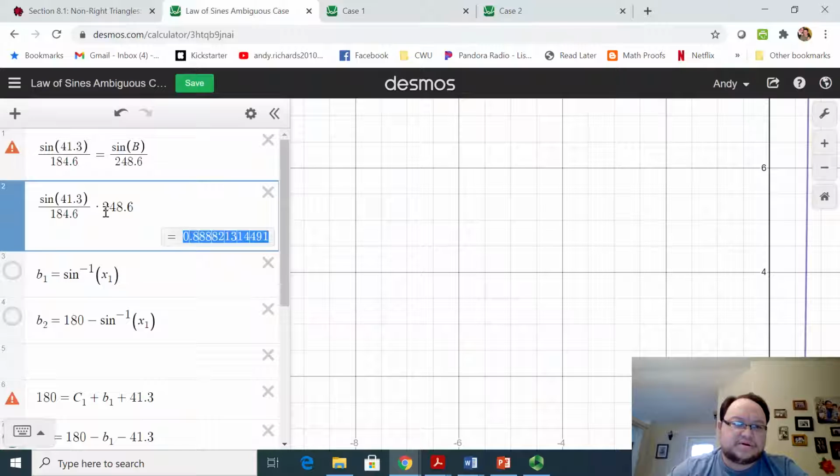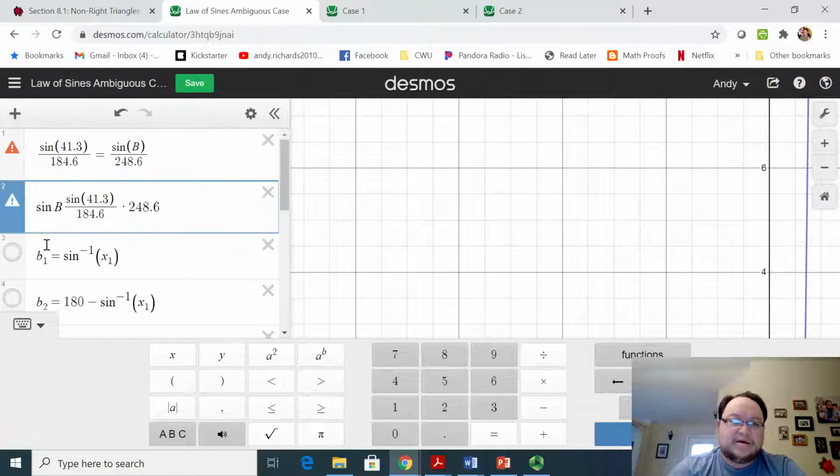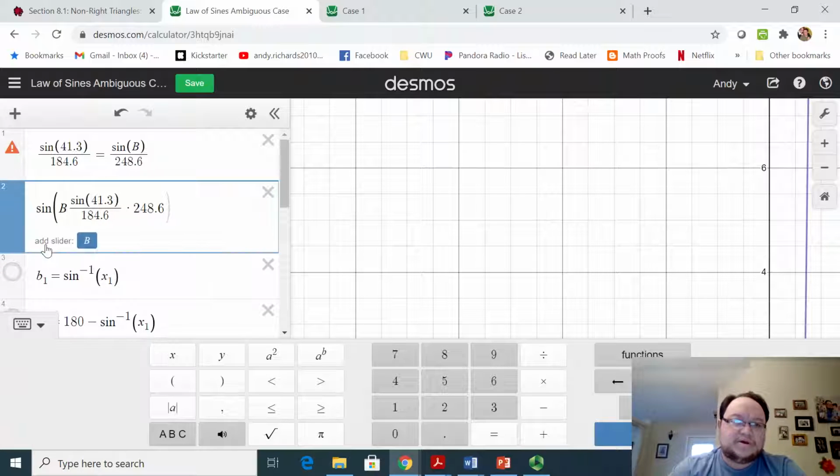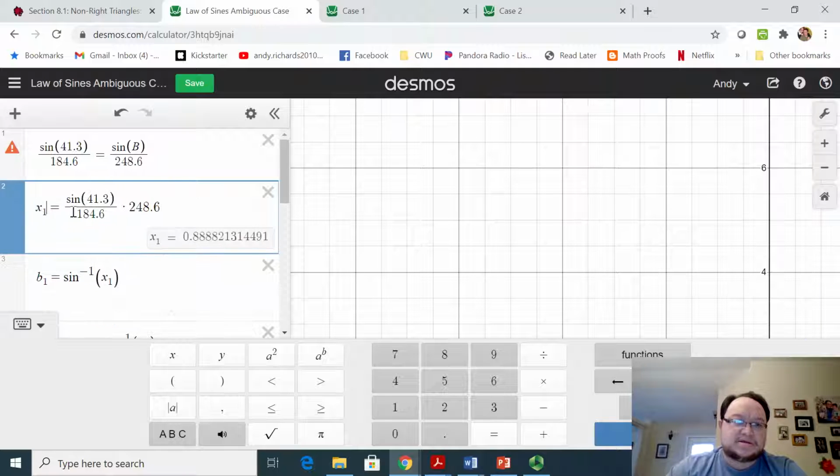Now, let's say this is some sine of b again. We could figure out what b is by taking inverse sine of both sides. So rather than calling this big B, I'm going to call this x sub 1.